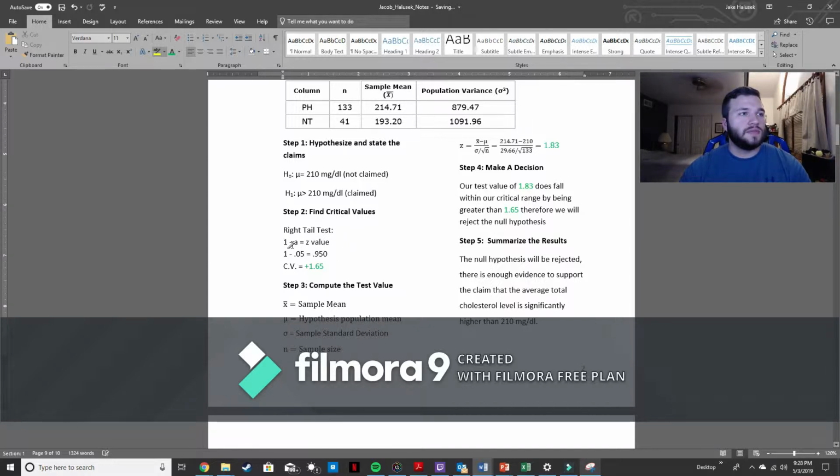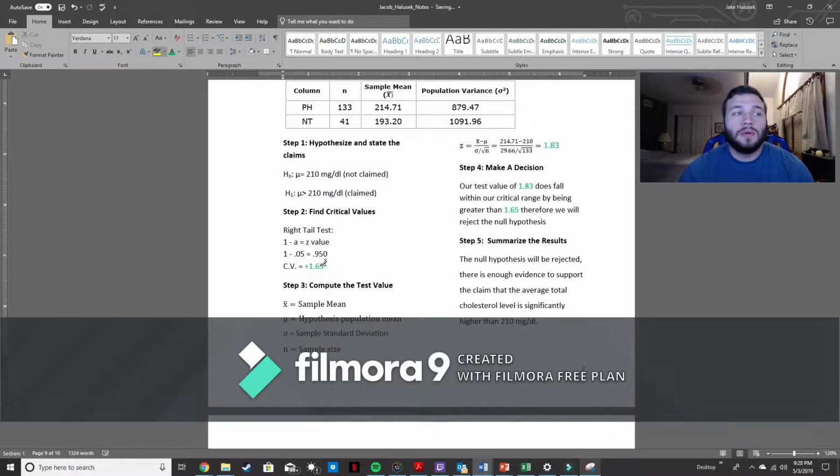To figure that out, we take 1 minus our alpha, 0.05, to get 0.95. Applying that to the table, and also knowing from taking notes and using it so much throughout the homeworks, a z-value of 0.95 is equal to a critical value of plus 1.65, plus because we are on the right side of the normal distribution curve, remember.